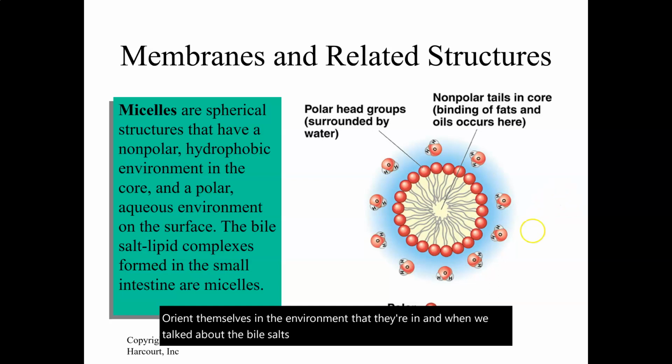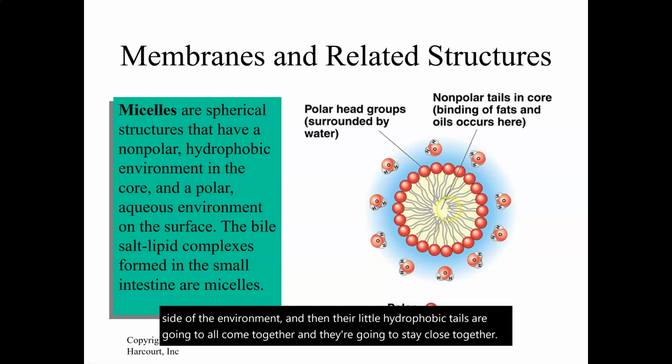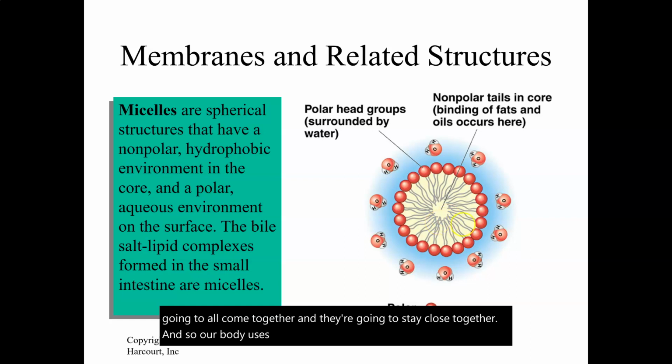So, for example, if these little molecules are in water, they're going to orient their polar side towards the water side of the environment, and then their little hydrophobic tails are all going to come together, and they're going to stay close together. And so our body uses this micelle type of thing, and I think some drugs and people are inventing use this structure to deliver drugs to the body.